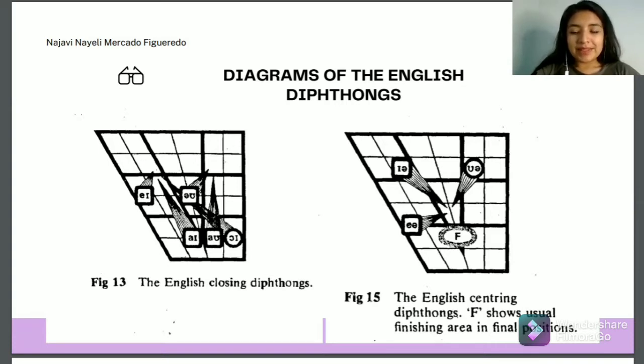In the first diagram that we can see here, the shapes indicate the lip position of a starting element. In this case, this diagram shows all the closing diphthongs.